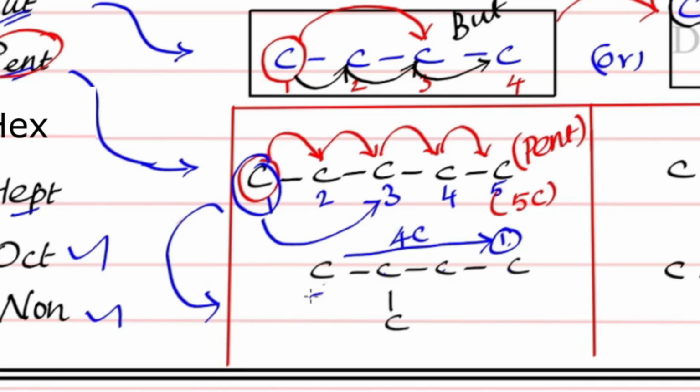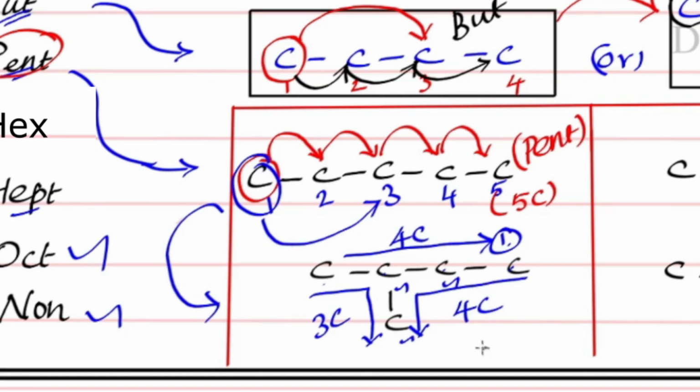On counting by the second way, we get 3 carbons as the longest chain. In manner 3, there are 4 carbons in a continuous chain.